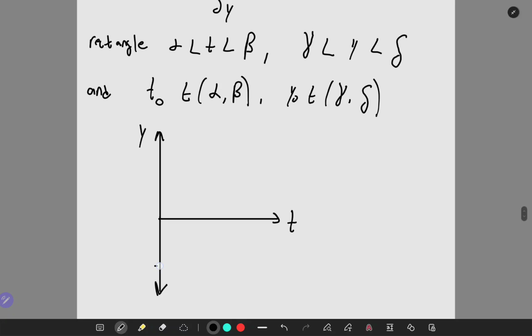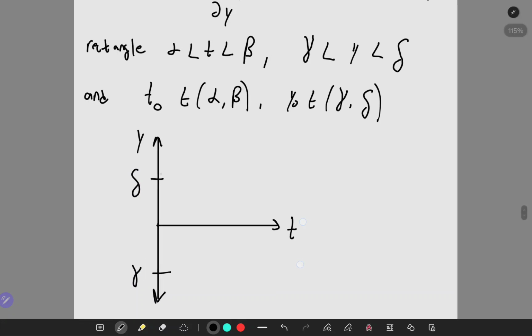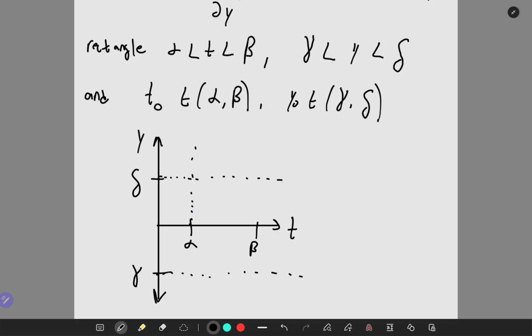So this down here is epsilon, and this up here is some delta. So we have this space here that goes across, and we have this space here that goes across. Now we also have t's between alpha and beta. So alpha is here, and beta is over here. And then we draw the lines going up and down from there.